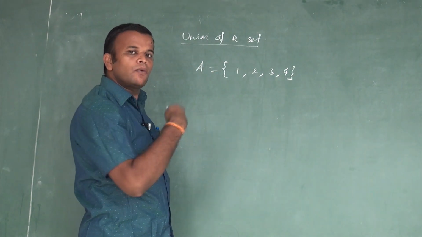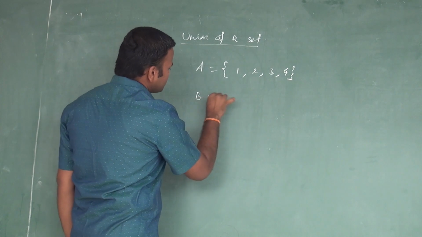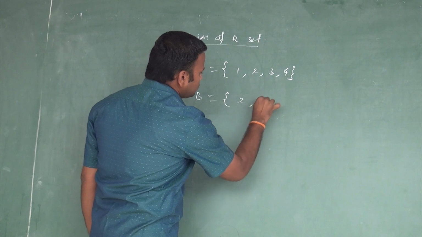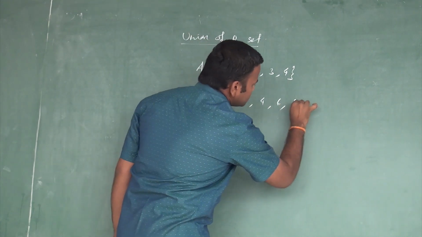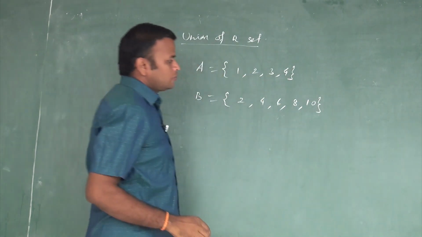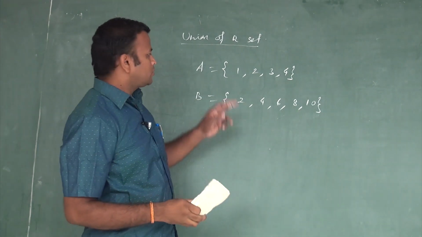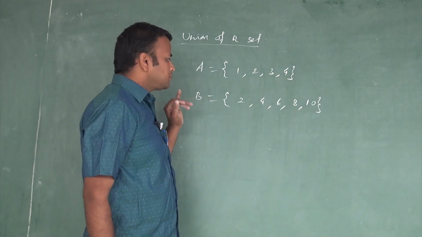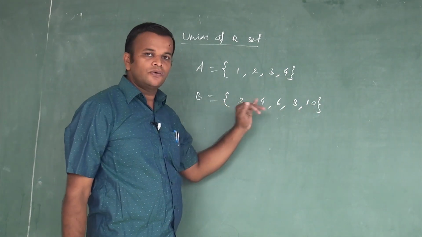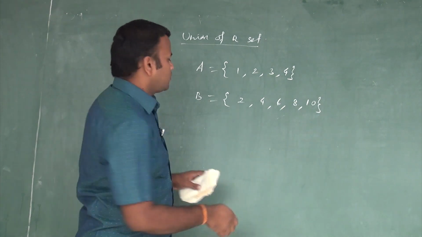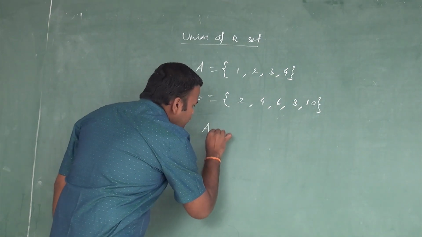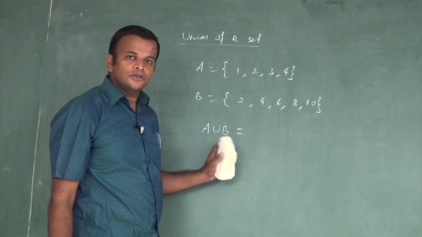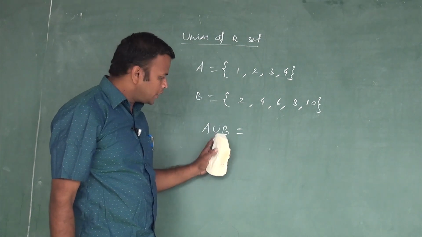I will take one more set, named B. Suppose it contains the elements 2, 4, 6, 8 and 10. You know the symbol of union is U. It should be read as A union B.